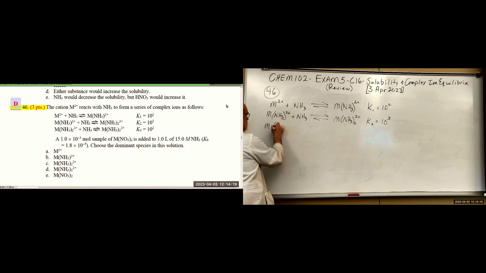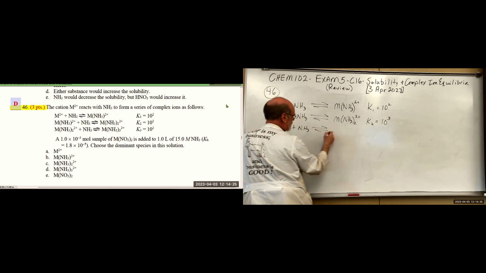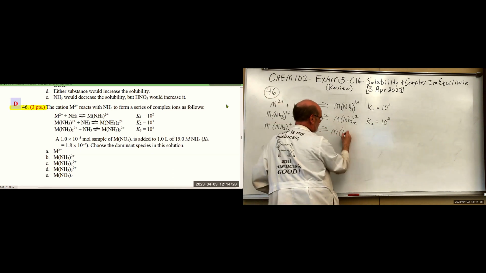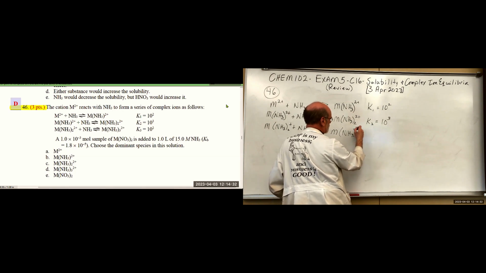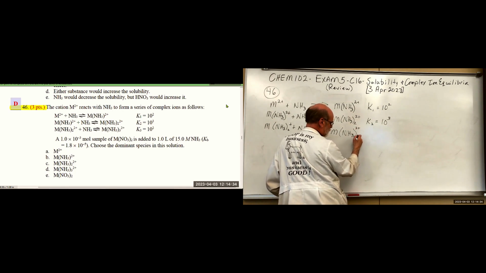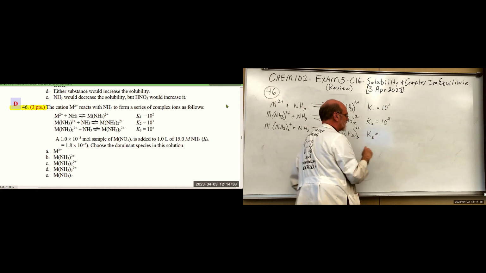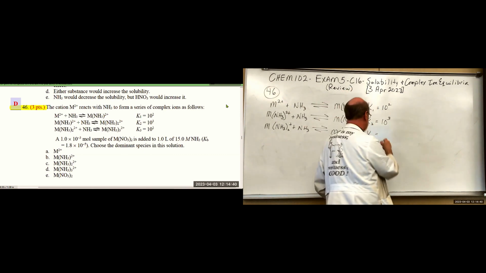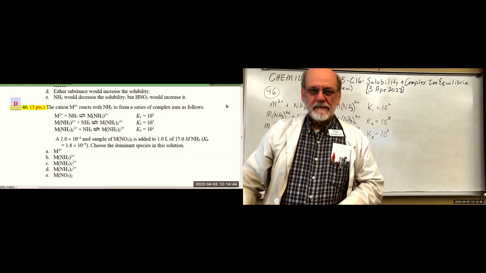So we have this one plus one more ammonia. So they're saying this hypothetical metal associates with 3 ammonias. And this one is 10 to the second power. All right.